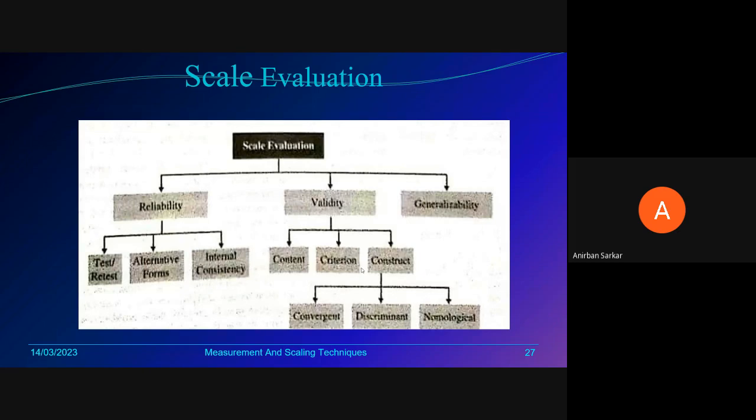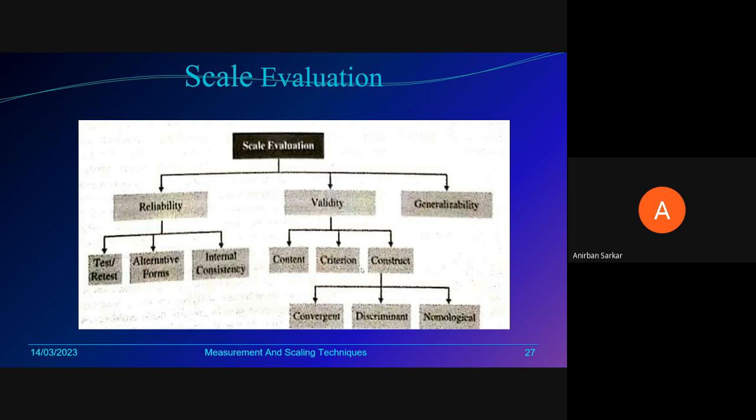Now, when we have generated the scale and refined the scale, it is time to evaluate the scale, whether it is reliable, whether it is valid or not. So generally on 3 parameters we evaluate scale. One is reliability, other is validity, and third is generalizability.